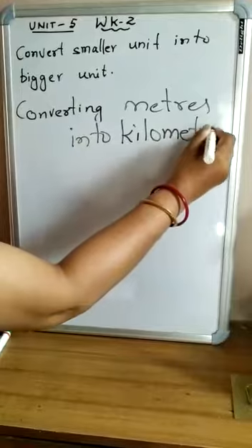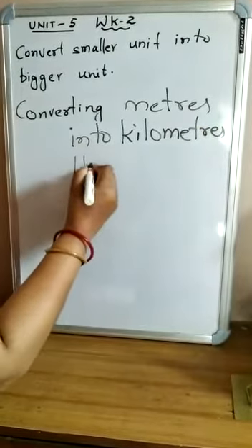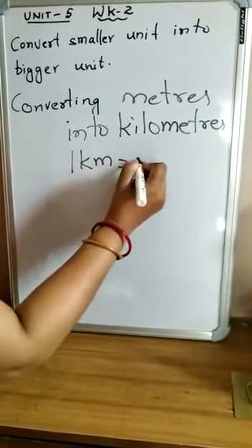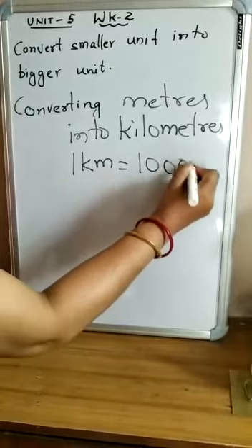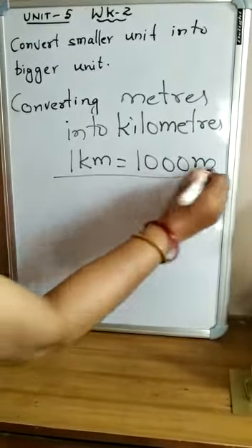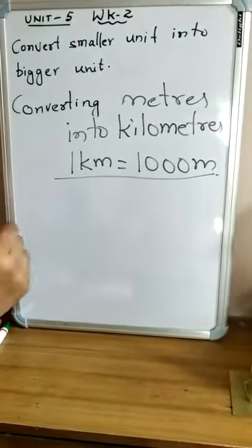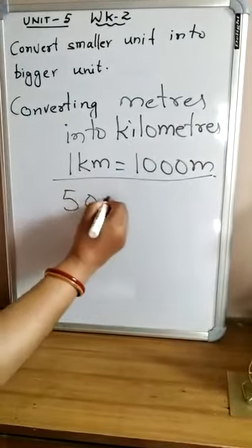As you all know, I have told you that 1 kilometer equals 1000 meters, right? So we will use this relationship. Now let us take an example, 5000 meters.